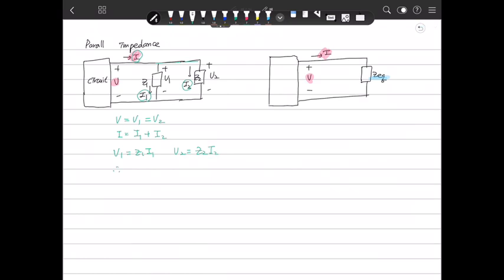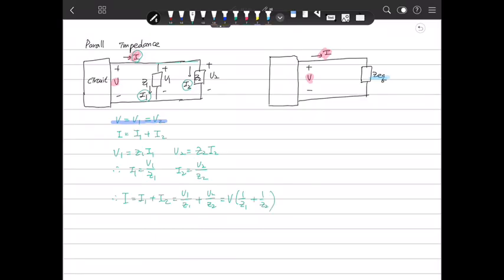Therefore, I1 is V1 over G1, and I2 is V2 over G2. Therefore, I is I1 plus I2, which will be V1 over G1 plus V2 over G2. But we know that V1 and V2 and V are the same. Therefore, it can be written as V times 1 over G1 plus 1 over G2.